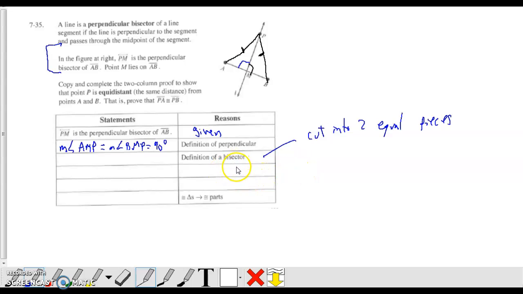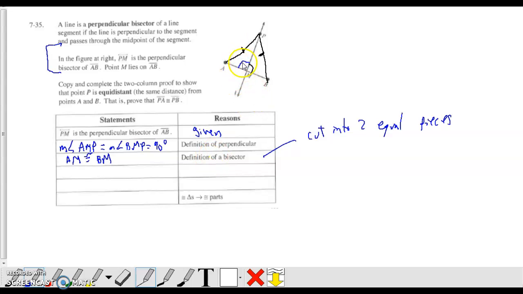Notice it didn't say bisector of an angle, but it did say that M lies on AB. So we are going to say that AM and BM are the definition of a bisector. So AM is congruent to BM. Okay, again, definition of a bisector.